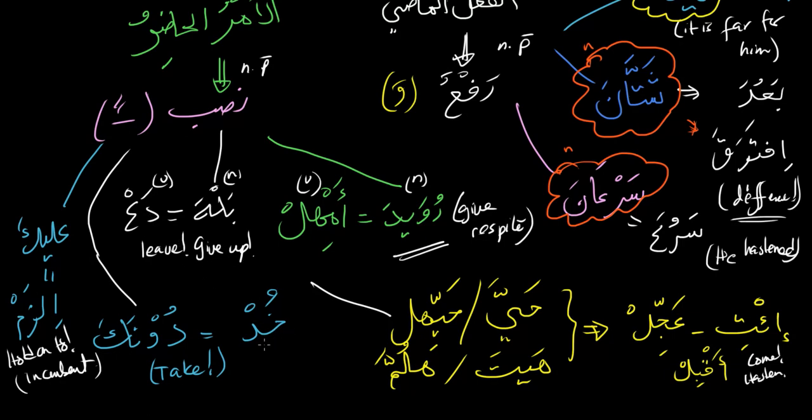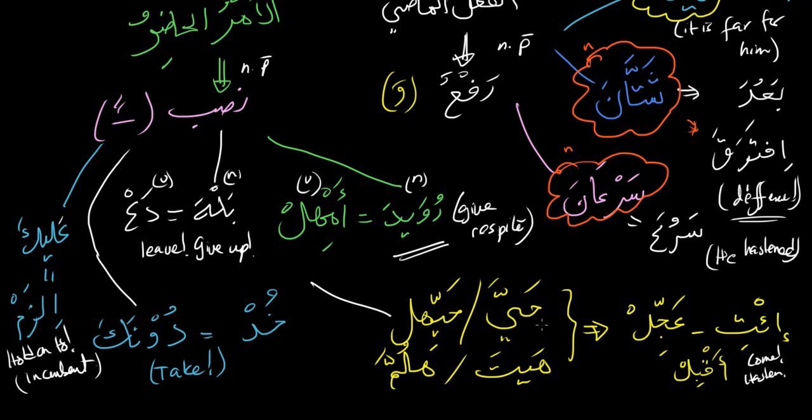Another example is dunaka, which means take, the same as khuz. Another example is alayka, the same thing as alzam, it is lazim on you. Hold on to it, it is incumbent upon you.